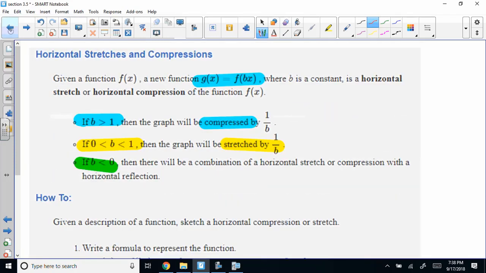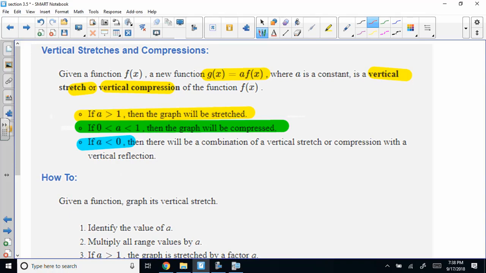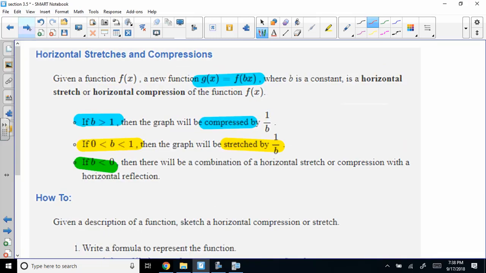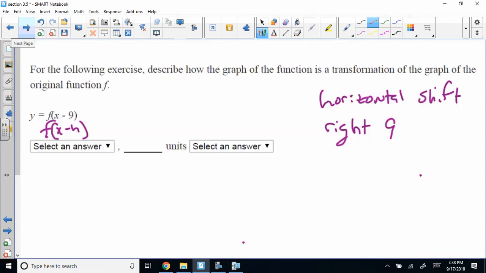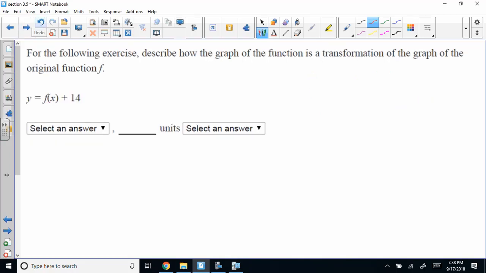Where you put a number greater than 1 on a quadratic and it gets skinnier, and a number between 0 and 1 makes it lay down flatter to the x-axis. So vertical stretches you've been exposed to, not so much horizontal. Okay.